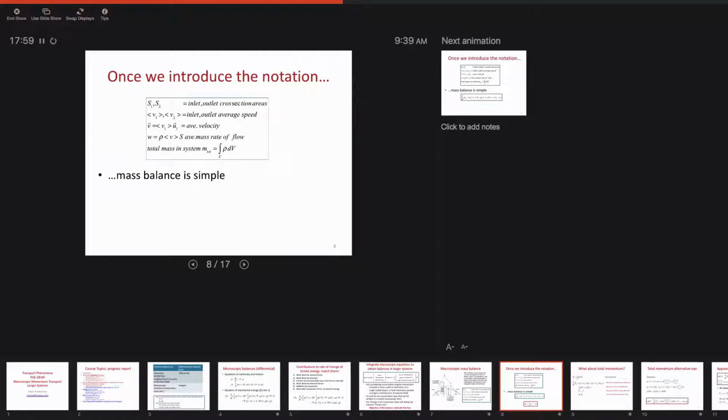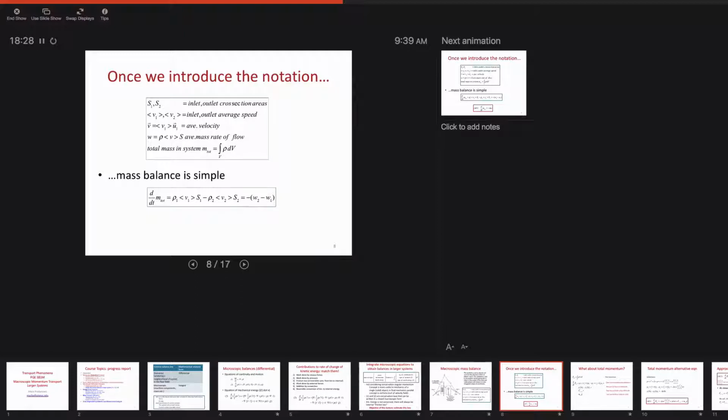So my mass balance is rather simple. It's what we've done on that small control volume that I shrank to a point to get the continuity equation. I can do the same thing on the large thing. And it's essentially mass flow rate in at inlet minus what comes out at outlet. Okay.